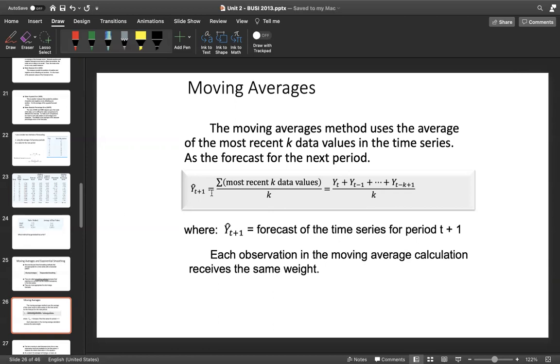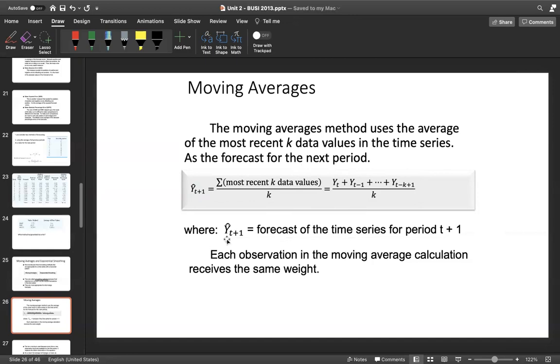Okay, so for example, the forecast of week 3, if you consider 2 here and use this formula, it's going to be the forecast of the time series of previous T plus 1.